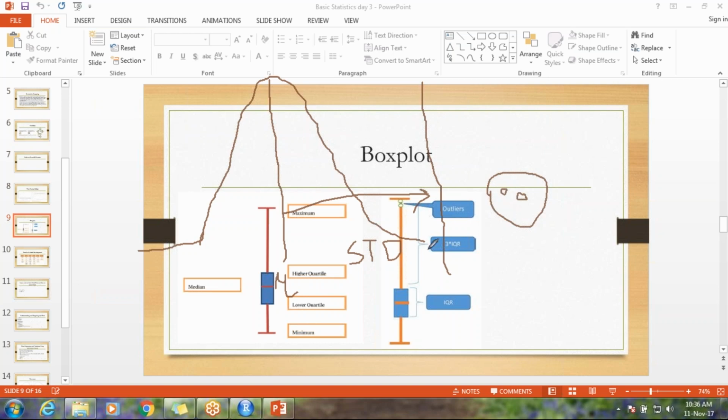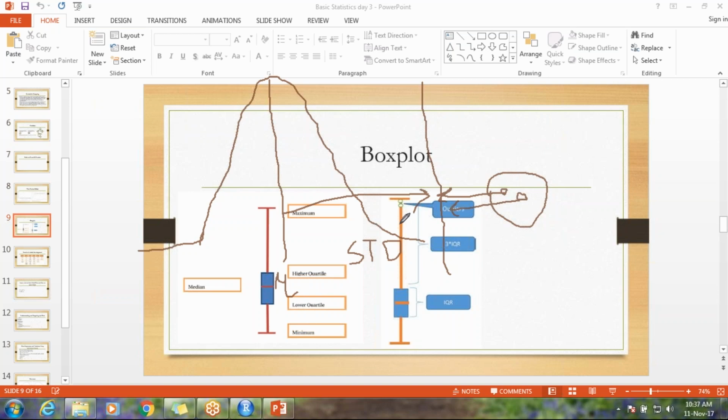So if any point is beyond this point, I'll bring it down to this point. Similarly for this side also, I will bring it down to here. So this is one way to bring down all your outliers or change them to certain values. In this way you can treat them.